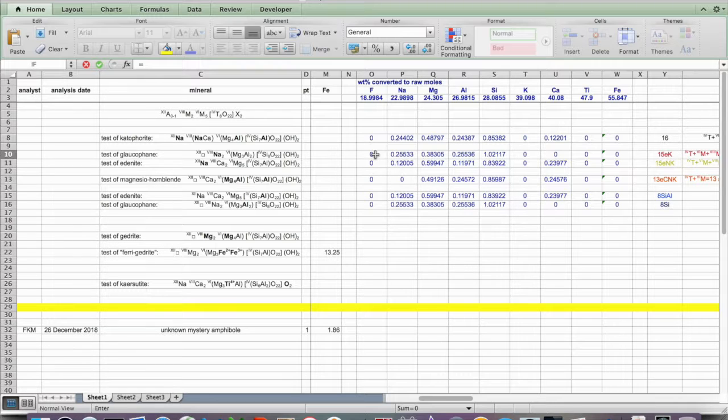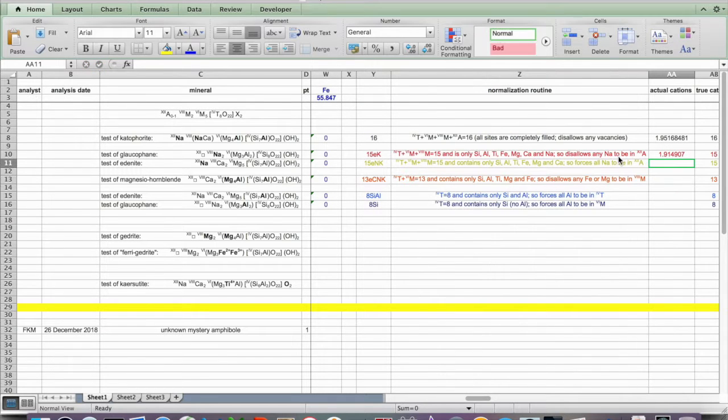No, we don't want fluorine because fluorine is not a cation, so we skip that. We do want sodium, we want magnesium, we want aluminum, we want silicon. Now the instructions say exclude potassium, so we exclude potassium, but we do want calcium, titanium, and iron. Okay? So that's our next number.